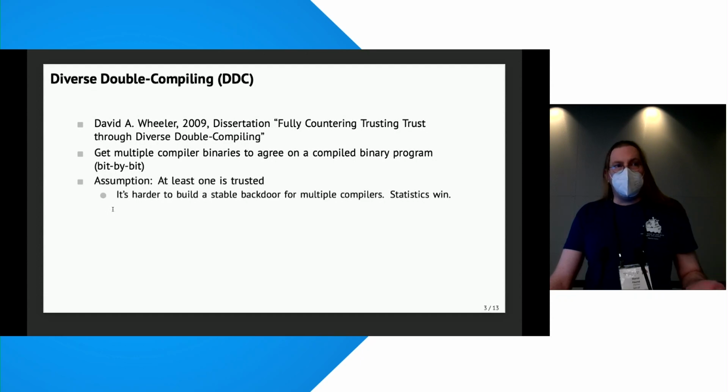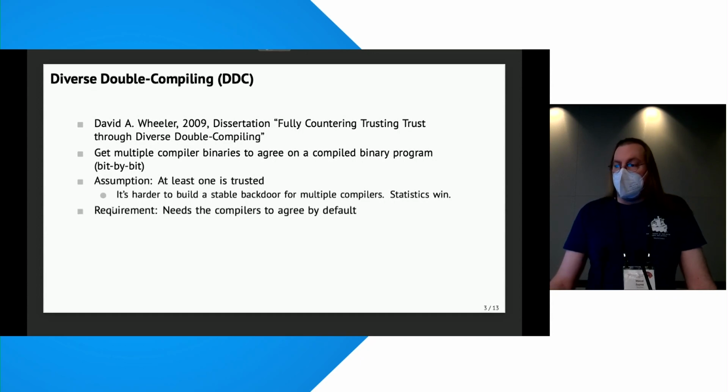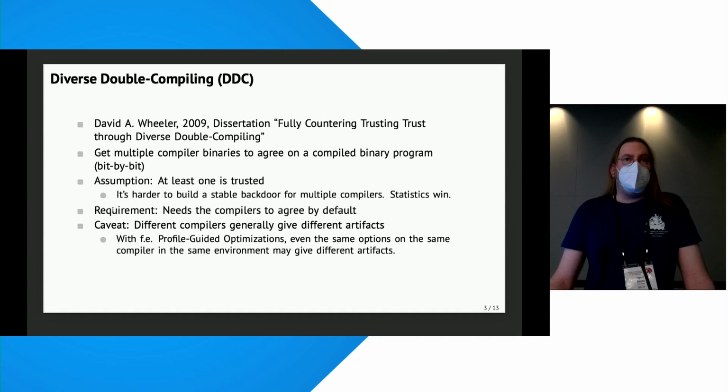And it's much harder to build a backdoor that is stable across different compilers. And in the end, statistics do win out. But there is one requirement. The compilers need to agree by default. Without this, you won't have equal results from the compilers. And the problem is, currently, most don't.